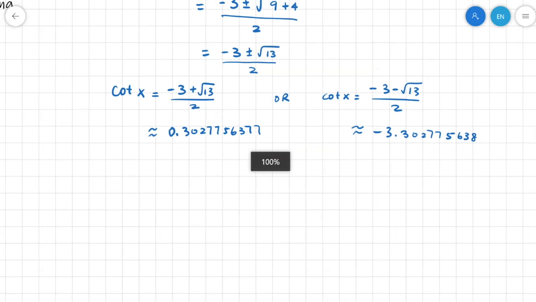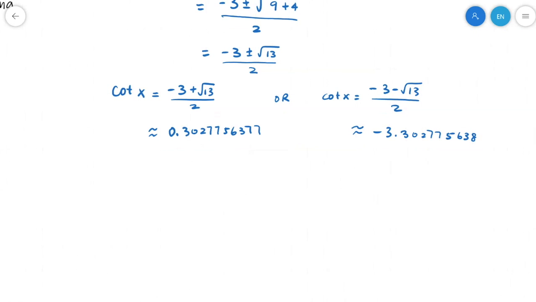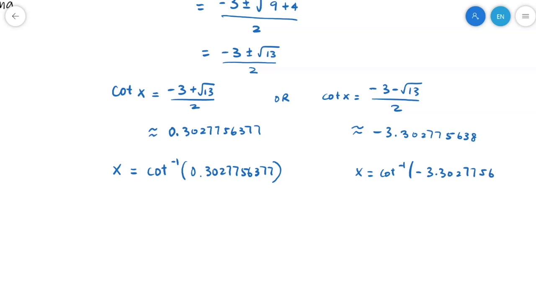I have to continue to figure out which x will give me cotangent of x equal to those two weird numbers. So I'm going to use the inverse function. So x equals cotangent inverse of the decimal numbers we just got, punched into the calculator.